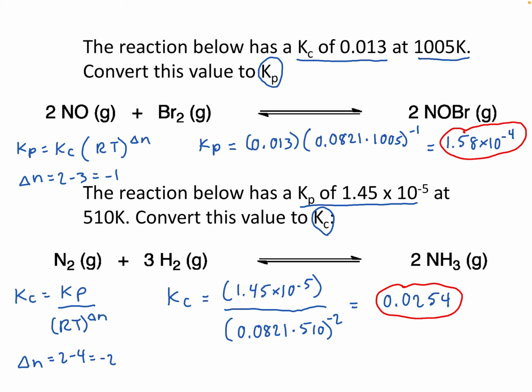Generally speaking, this number is telling me what the composition of the reaction mixture looks like at equilibrium. And generally what we can say is this: if the number is large in magnitude, then products dominate at equilibrium. If the number is small in magnitude, then reactants dominate at equilibrium.